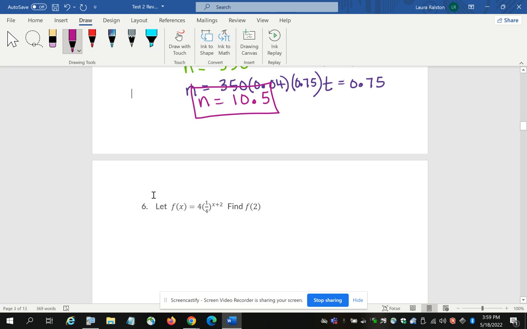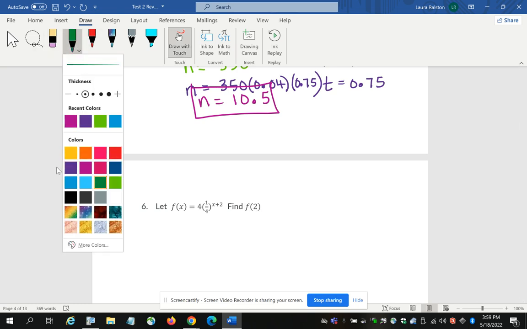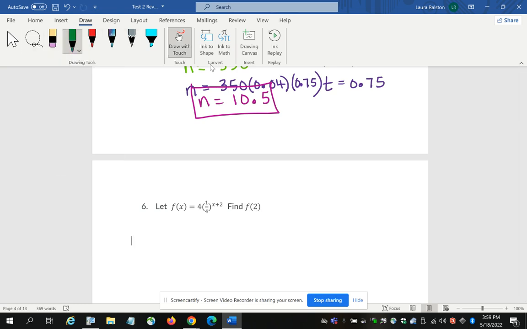Question 6 says, let f of x equal 4 times 1/4 raised to the x plus 2 power. This is an exponential function, and they want you to find f at 2. Guys, this is a straight, flat out plug and chug problem.